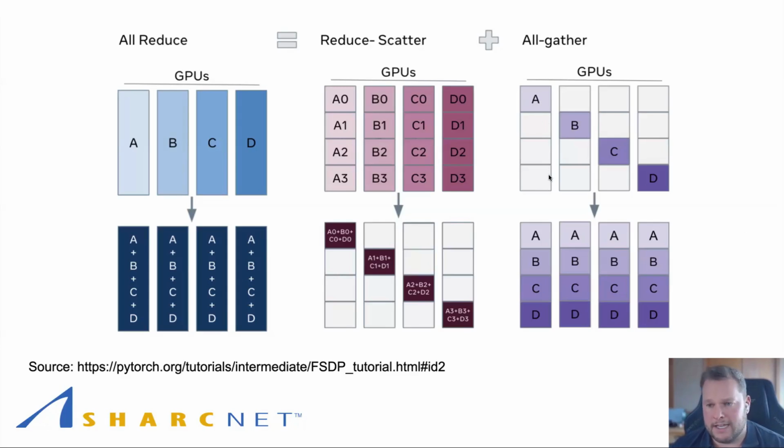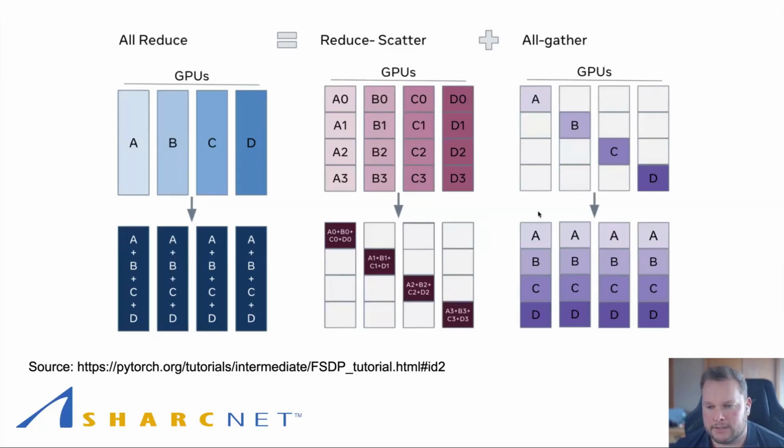So what we're looking at here is this vertical rectangle is an FSDP instance. And then A, B, C, and D are the shards distributed across all of the ranks. So the first thing we do is an all gather.